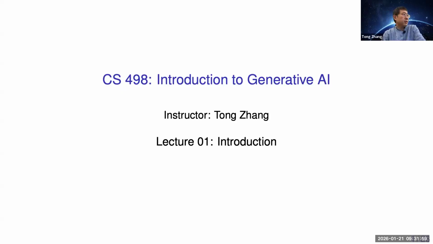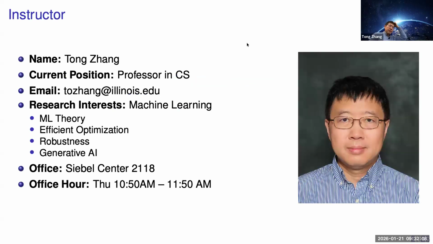Let me go through the slides. So this is me, and my research interests are machine learning theory and some optimization algorithms, and basically adaptive robustness as well as generative AI. This is why I teach this class.